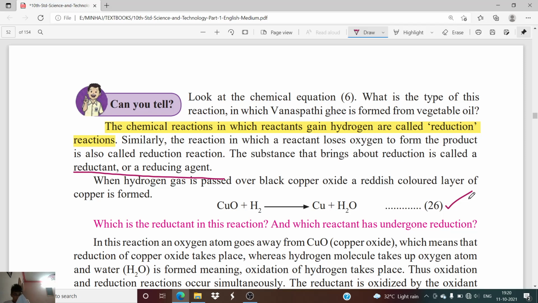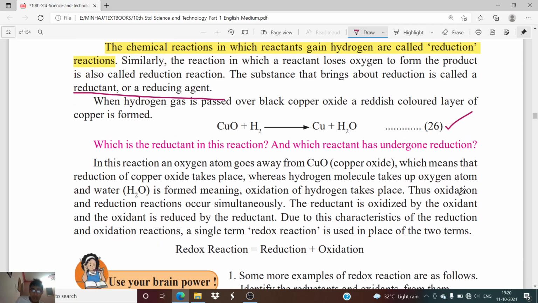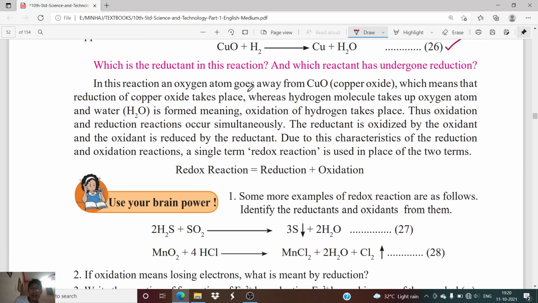Here you can see that oxygen has been eliminated from the copper, thus this reaction is a reduction reaction. In this reaction, an oxygen atom goes away from CuO, that is copper oxide, which means that the reduction of copper oxide takes place, whereas the hydrogen molecule takes up the oxygen atom and H2O is formed, meaning oxidation of hydrogen has taken place. Thus, oxidation and reduction reactions occur simultaneously.